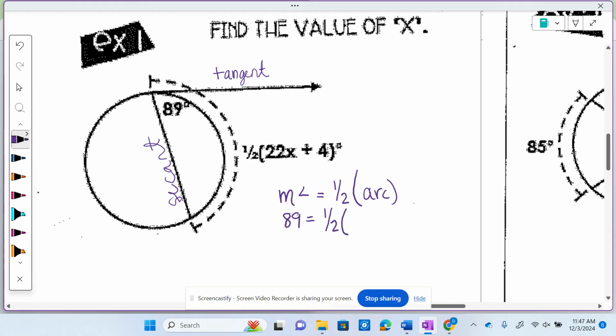And the measure of the arc is 1/2 parenthesis 22x plus 4 degrees. That's crazy. No. They did not already add the half.